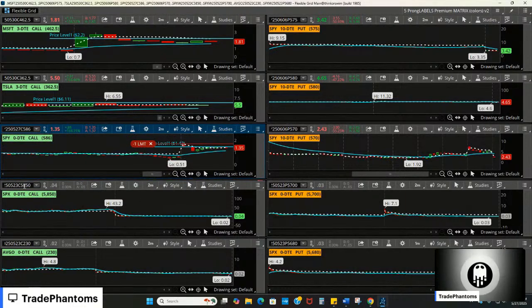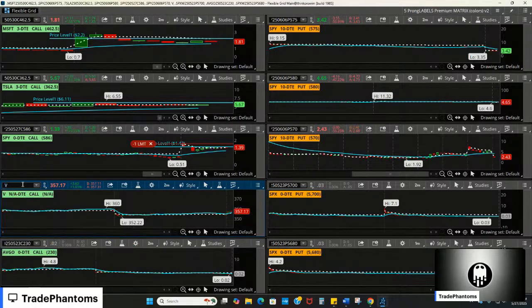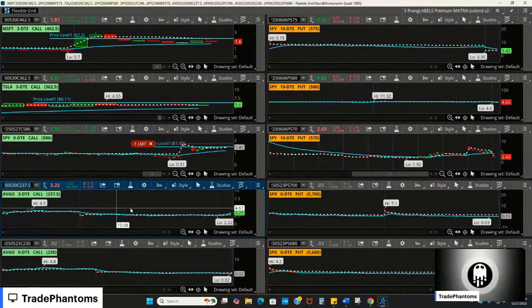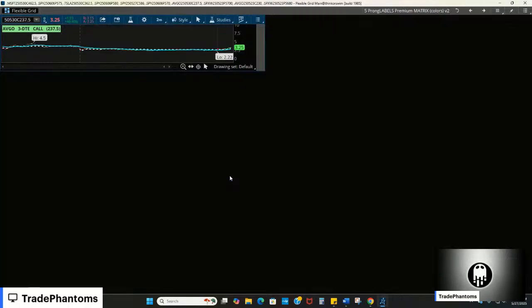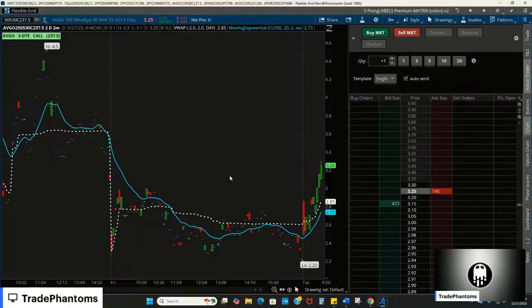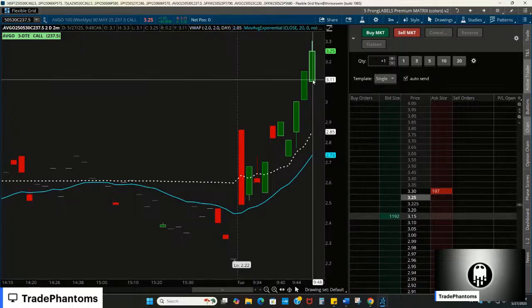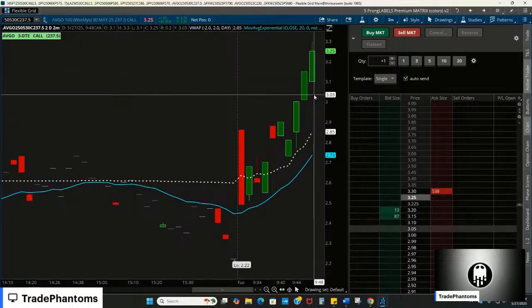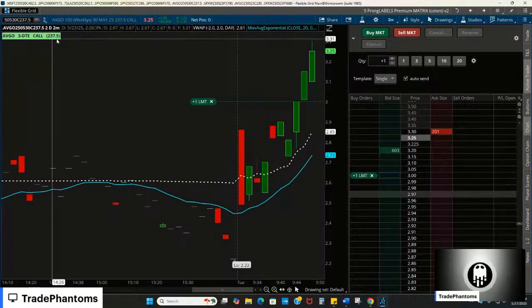It's showing a bit of relative strength, a lot better than Microsoft, that's for sure. So you could maybe get a $3 fill on these on AVGO, 237.5.